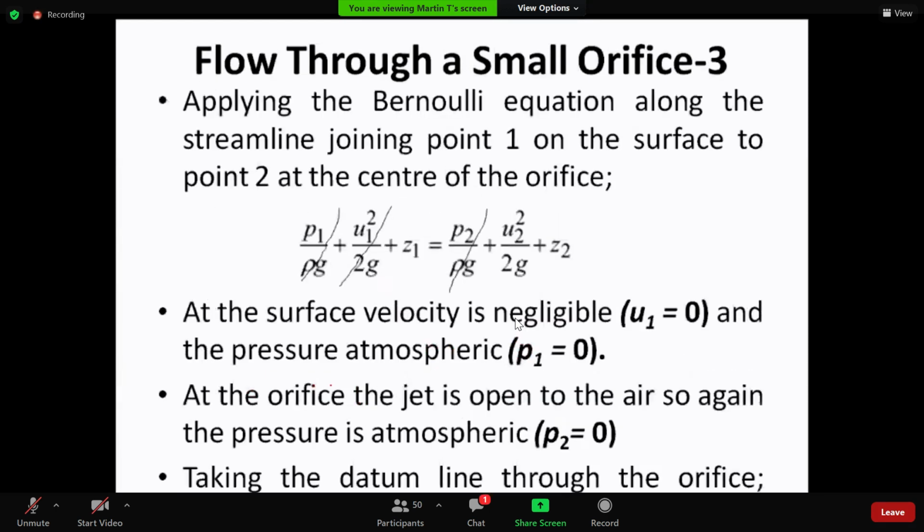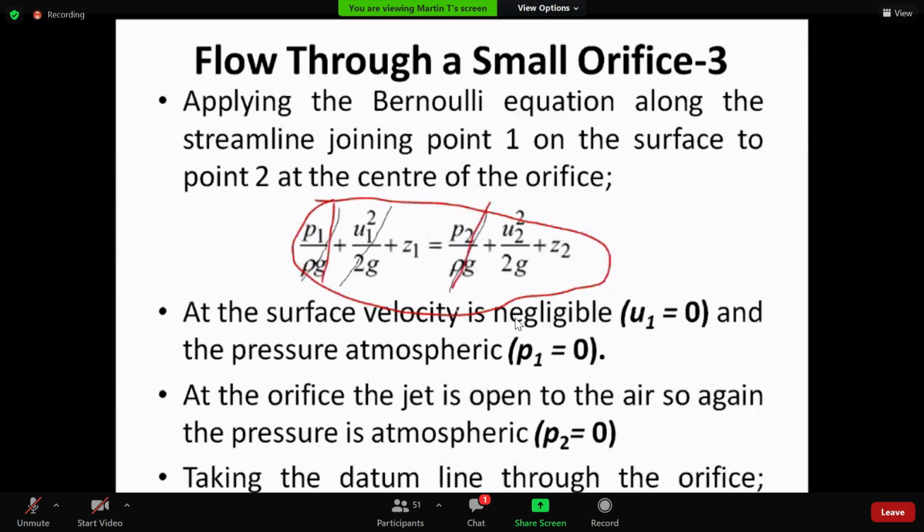Now notice here we set P1 and P2 to 0 because they are open to the atmosphere in this equation.